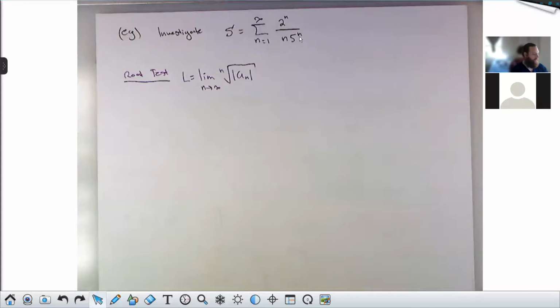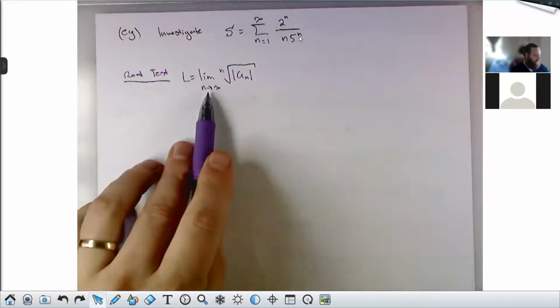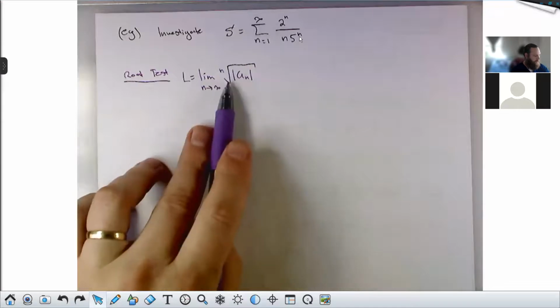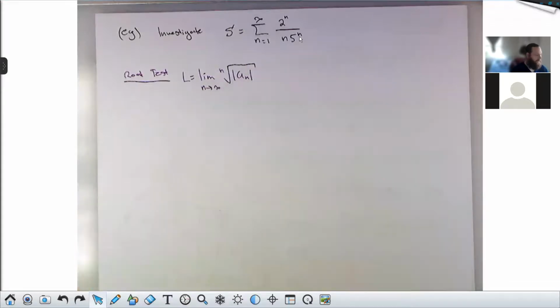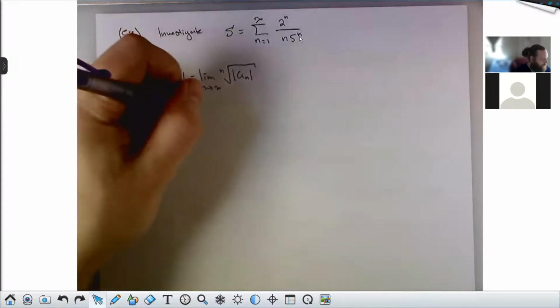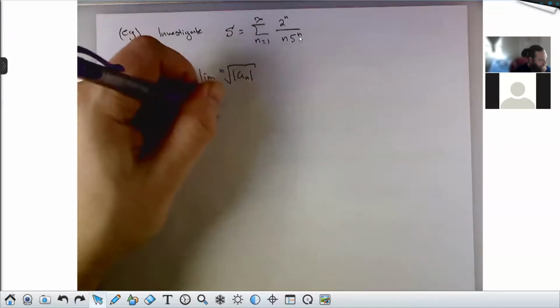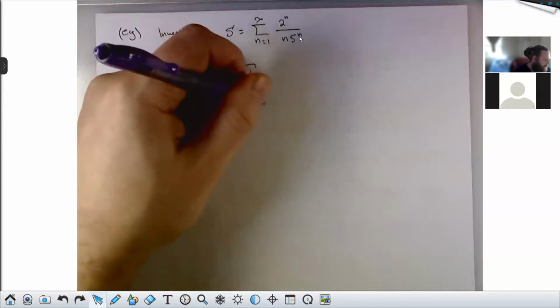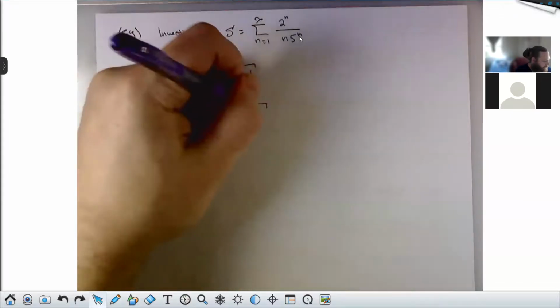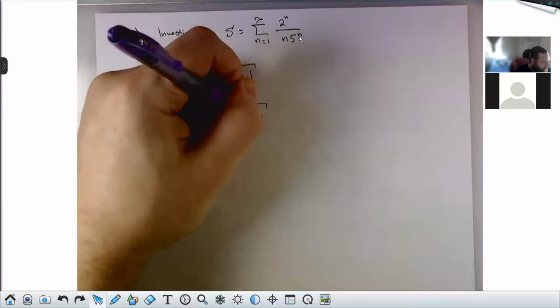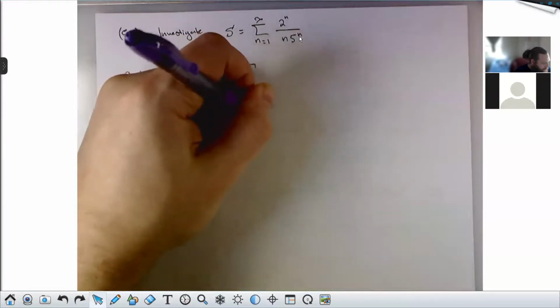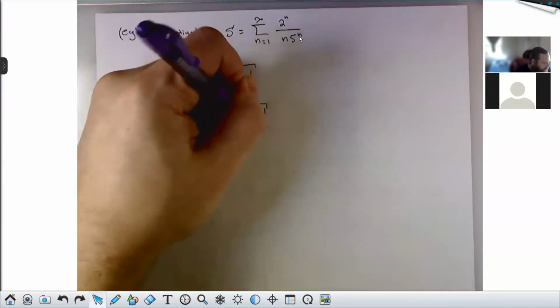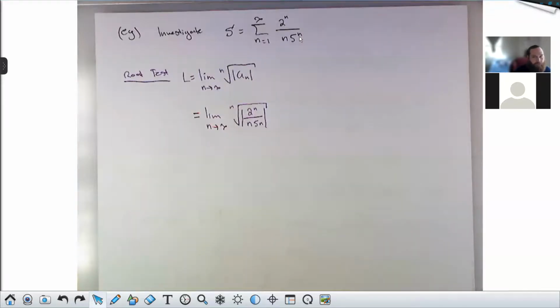So the root test says calculate L as the limit as n goes to infinity of the nth root of the absolute value of an. Here, that's the limit as n goes to infinity of the nth root of 2 to the n divided by n times 5 to the n, and then there's absolute values inside the nth root.